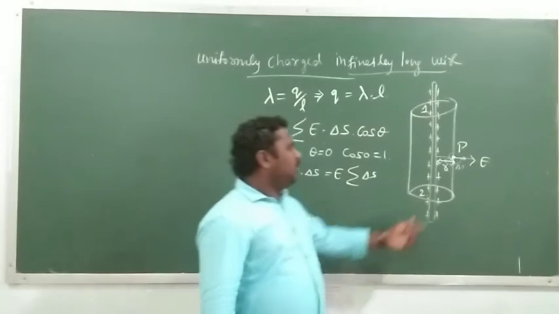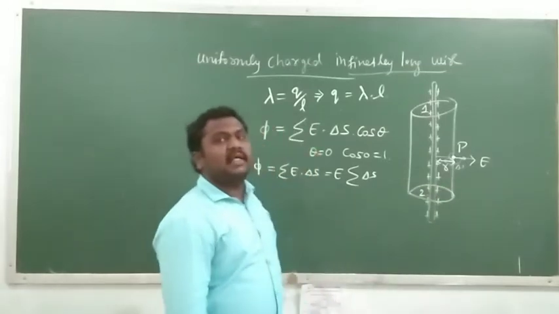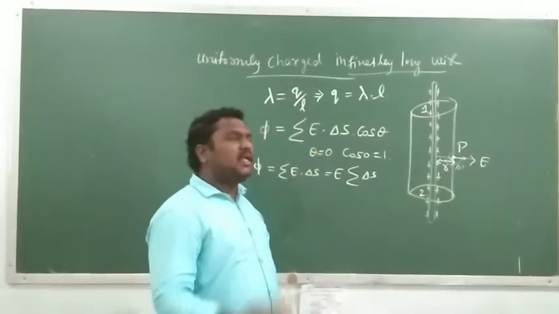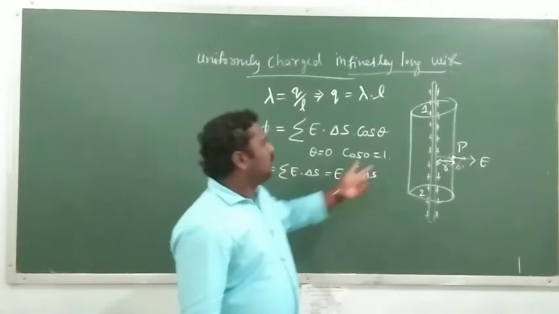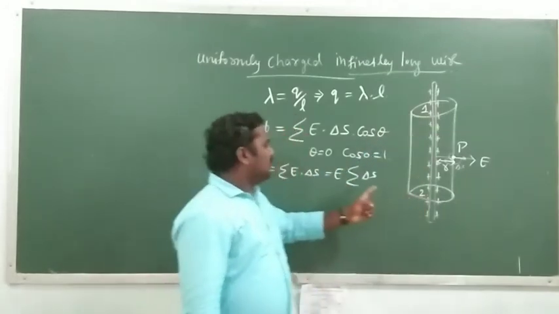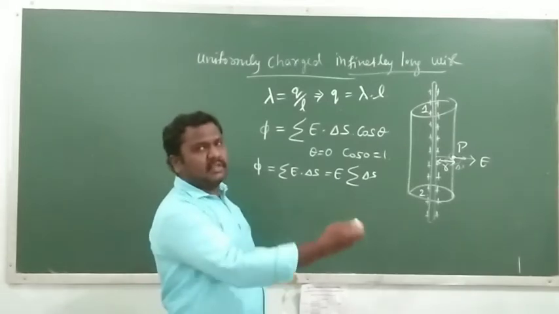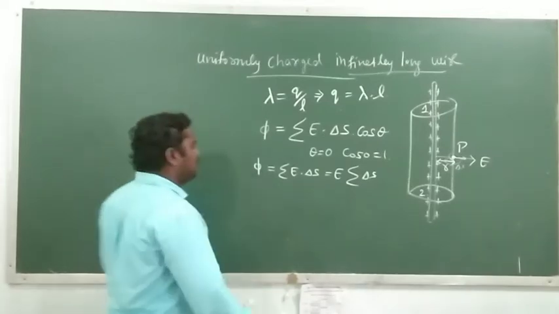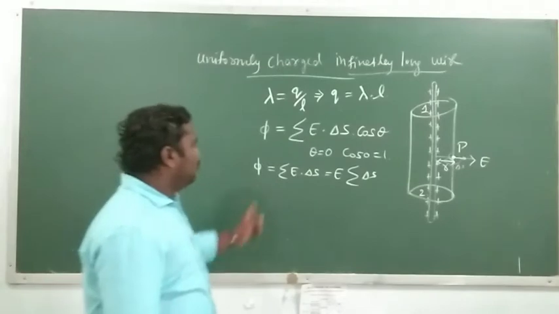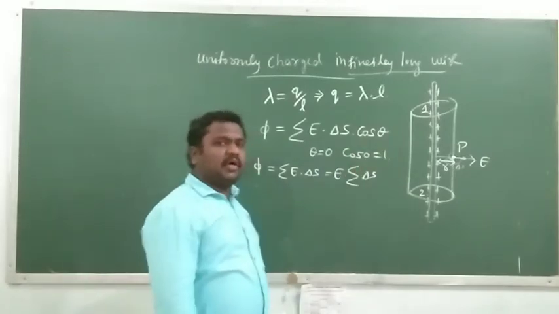Here at point B we have a small surface area. As we want to find the entire flux with respect to this cylindrical surface, this summation of delta S will become the surface area of the cylinder. That is the total flux associated with the curved surface.